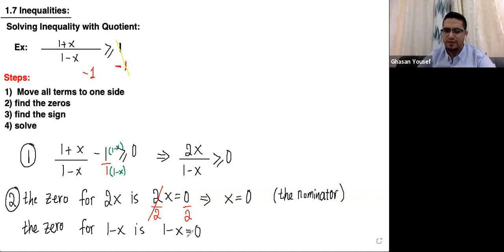How can I solve an equation like this? Any idea what I should do here? Add x to both sides. This is correct. When I add x here, they cancel out, they give me 0. Now 1 equals x, or x equals 1. This is the second zero, for the denominator.